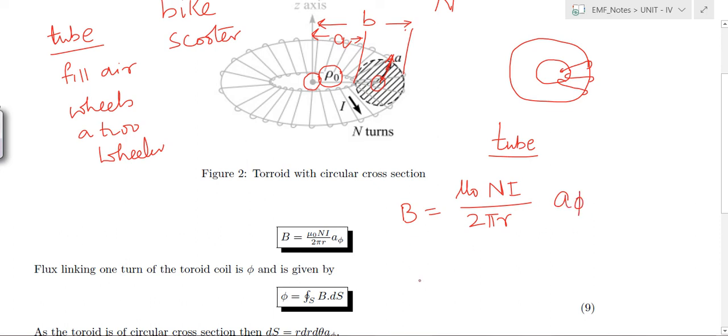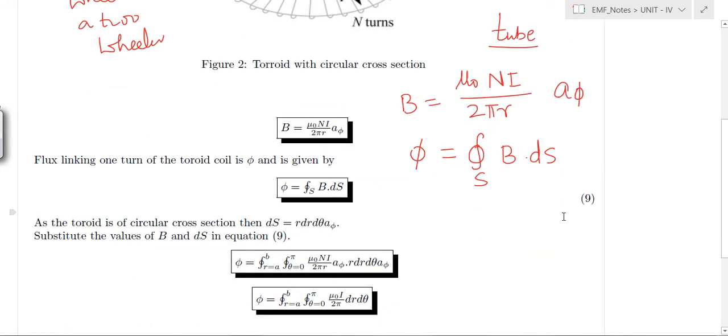Now to find the flux that is linking with the toroid, psi is equal to the integral over the surface S of B dot dS, where dS is equal to r dr d theta in the a phi direction.